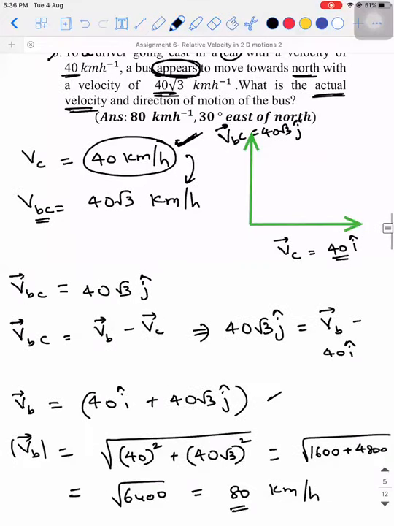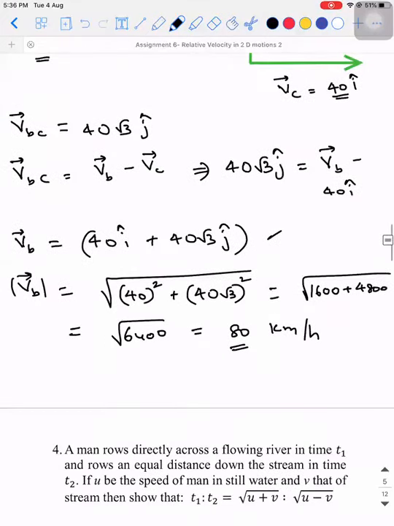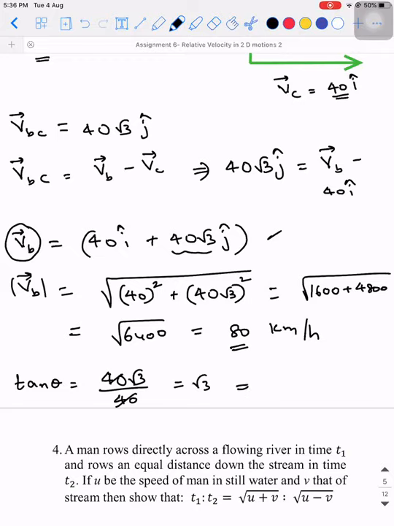But they're asking the direction. Direction means, what did I say? It is the angle, so direction of the velocity vector. So tan theta is equal to, if you have x i cap plus y j cap, tan theta is nothing but the coefficient of j divided by the coefficient of i. 40 by 40 will get cancelled, so it will be root 3. So what is the value of theta?